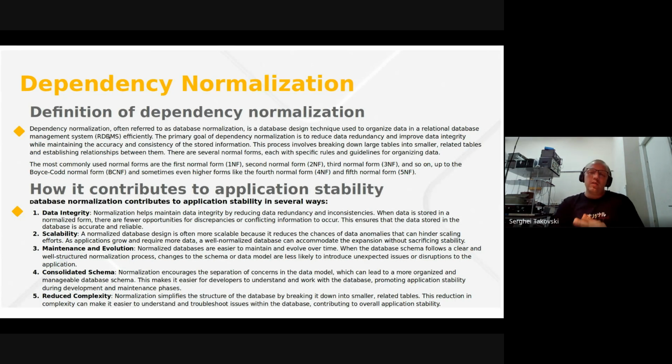So after we think about normalization, what's the next step? Data integrity. It's a main principle of consistency of data. So we need to keep data with a normal level of isolation.